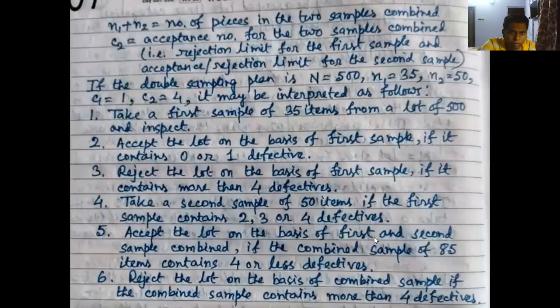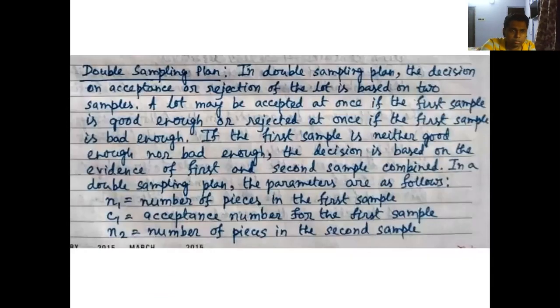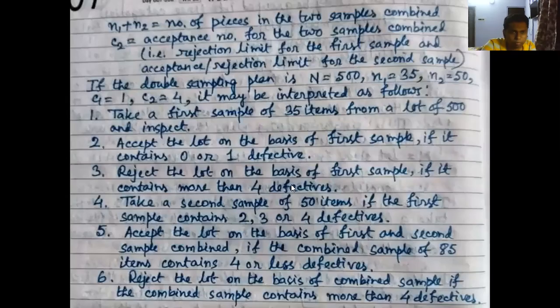In the first sampling, your rejection limit was also 4, because when you are doing the first sampling, if you get more than 4 defectives, you will reject the lot.